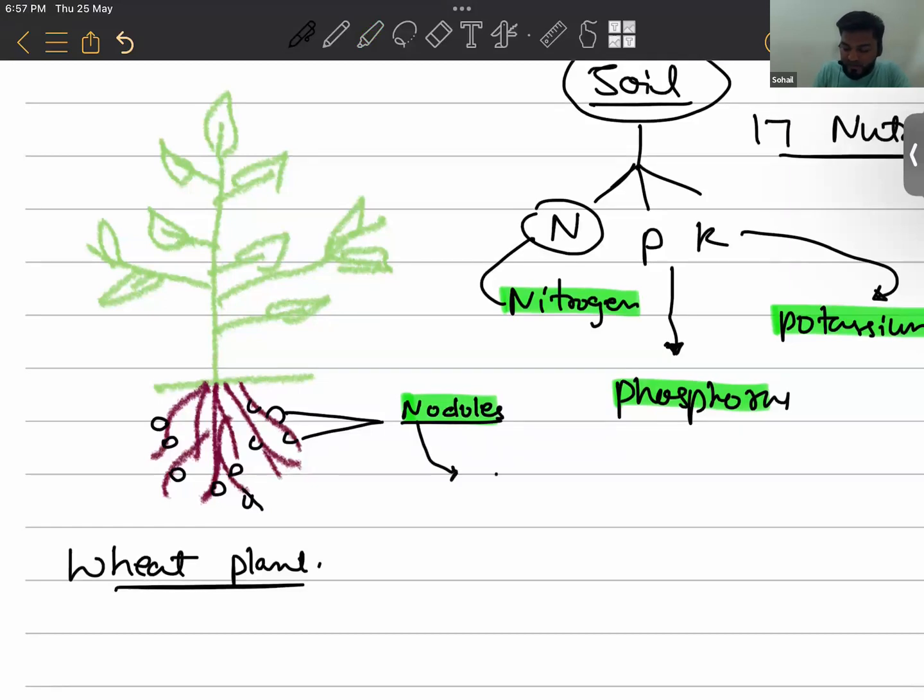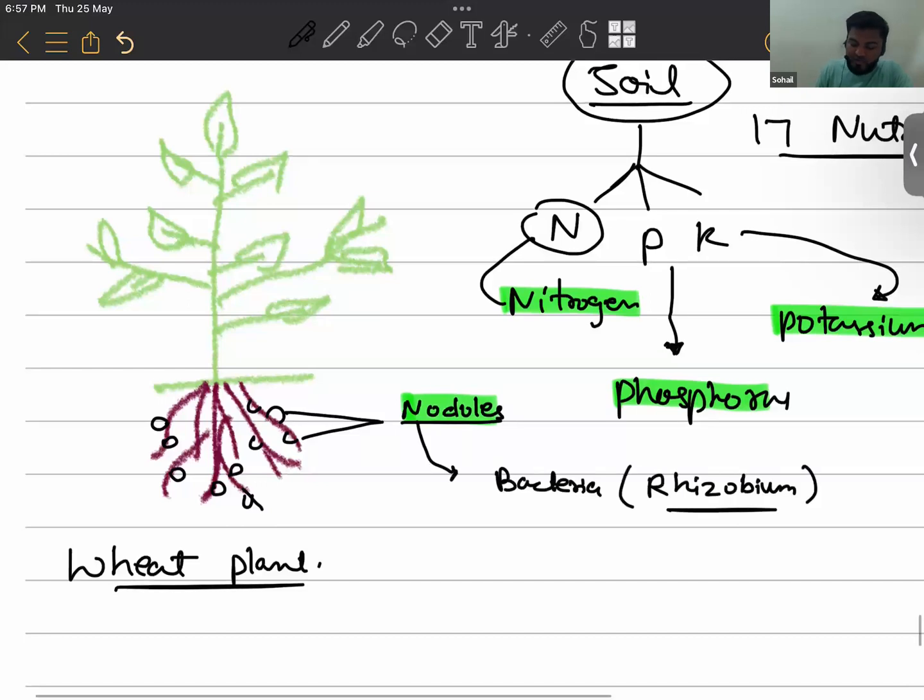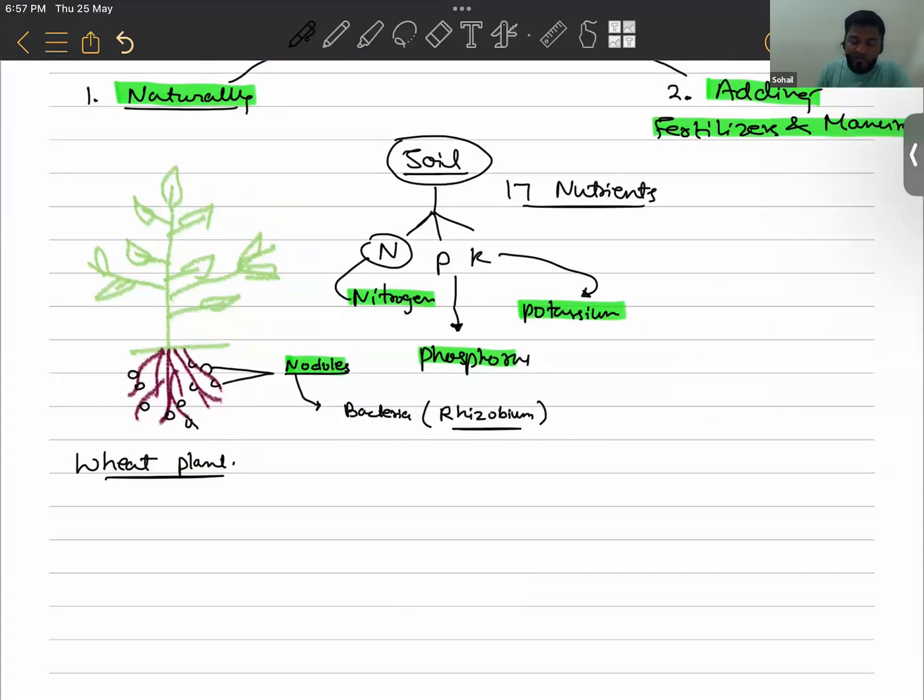There lives a bacteria. That bacteria is called rhizobium bacteria. So what can this rhizobium bacteria do? It can fix the atmospheric nitrogen into the soil. Okay, this is my soil here.